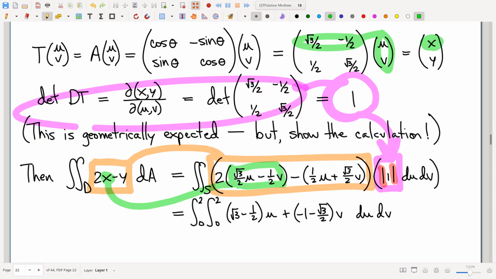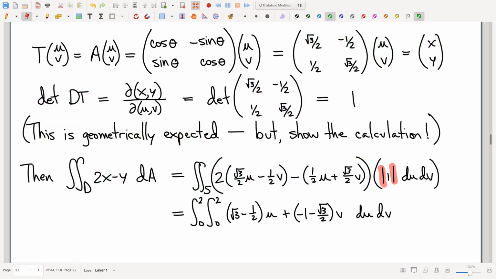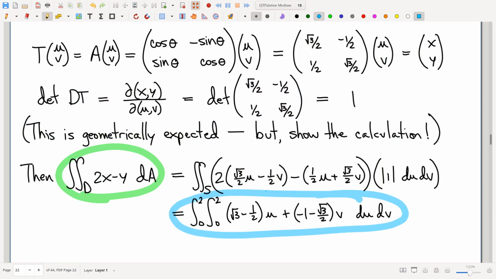Likewise for y. Okay. So again, now let's try to decide, was this a win or did I just waste a bunch of time? There is that integral that I started with, and now there's this integral that I see as an alternative. And again, if you focus on the algebra, you're going to be misled. You're going to think that this integral on the right looks harder. It's not.